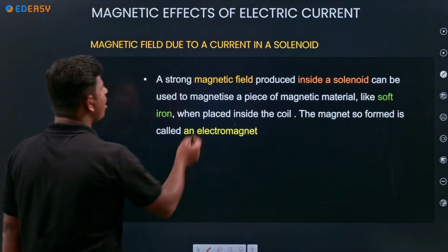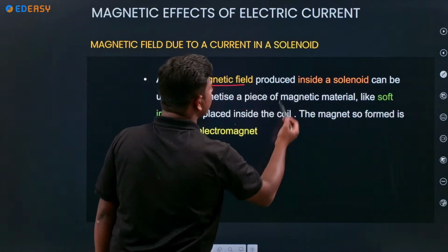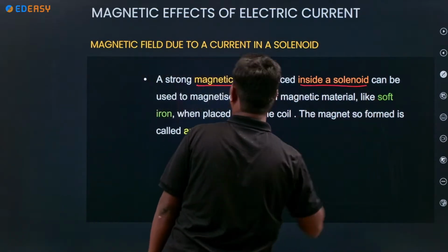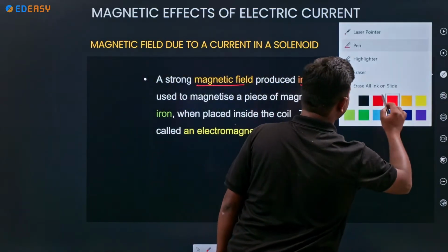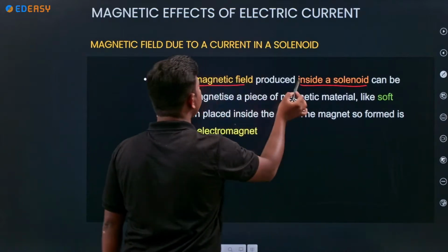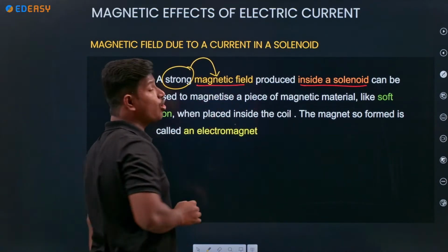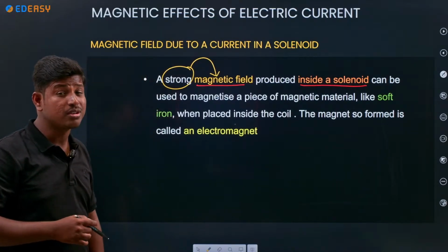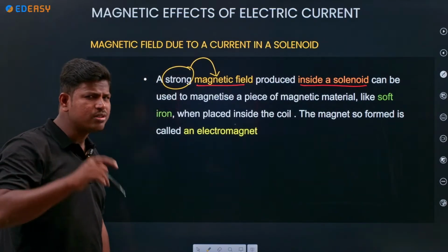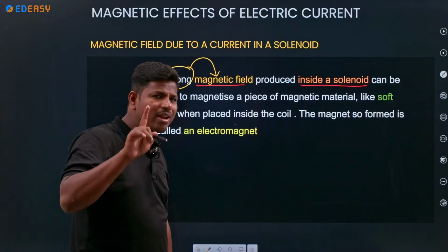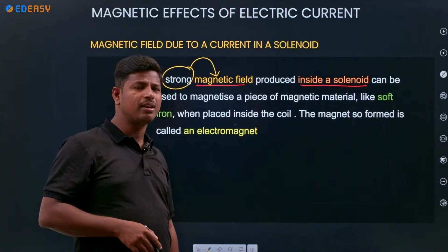Next, a strong magnetic field is produced inside a solenoid. Which field is produced? A strong magnetic field. You know why it produces a strong magnetic field?